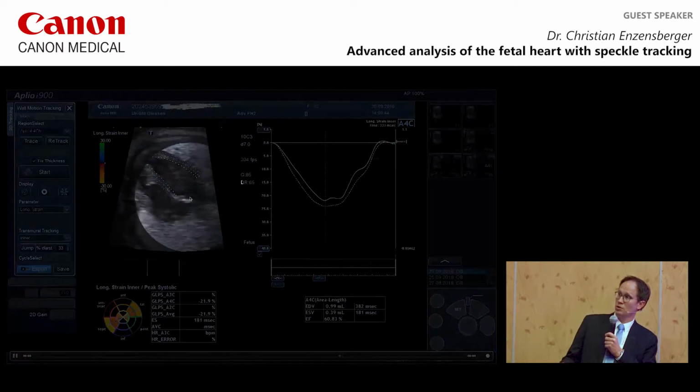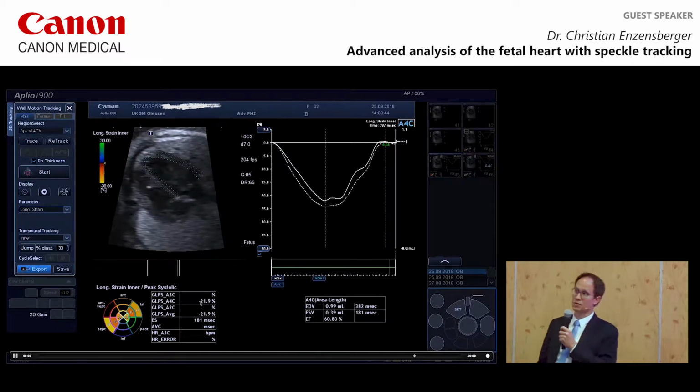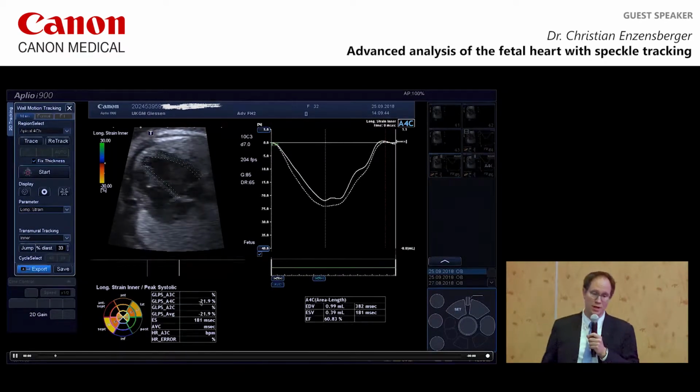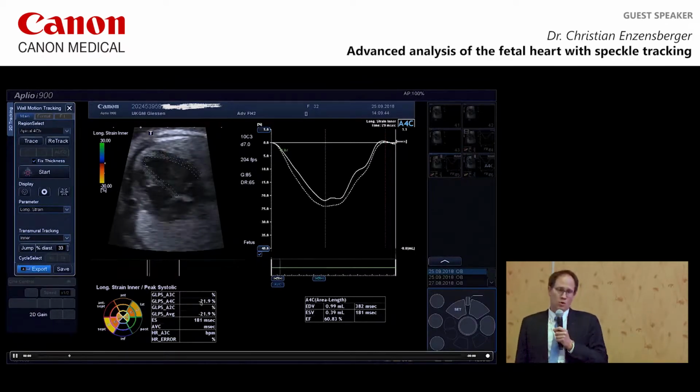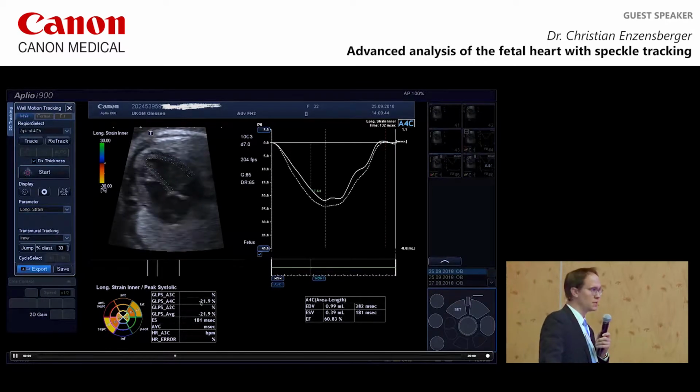When you want to know your longitudinal strain value, you can see it down here, minus 22%, which is within the normal range.